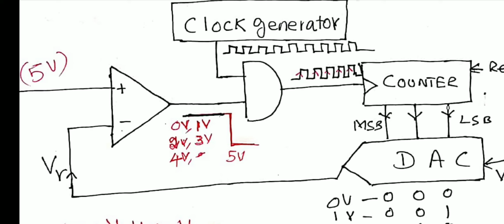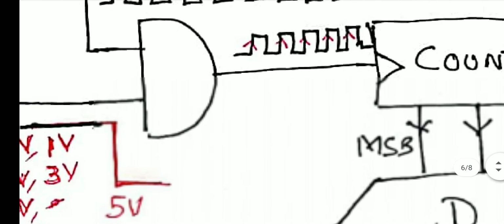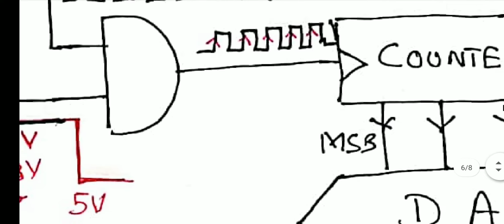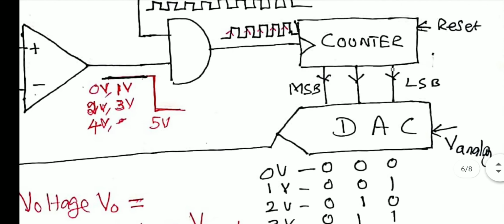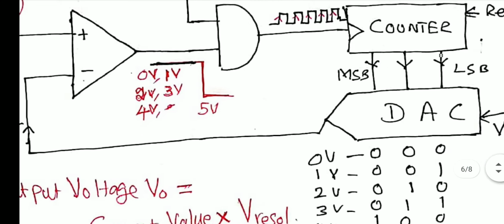The counter counts the pulses. This seems to be a positive edge triggered counter, so every positive edge of the pulse is counted. Assume that one pulse comes, so the count value becomes 0 0 1, right? Now the DAC output is 1 volt.